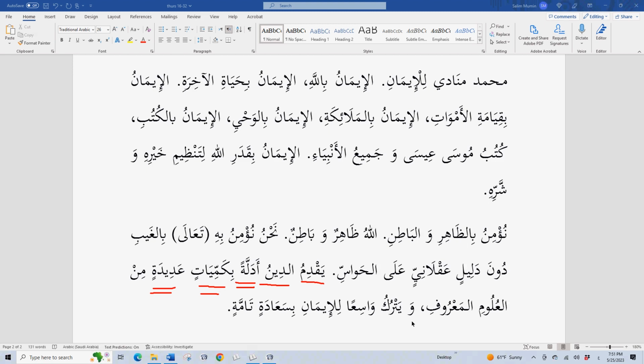Min al-ulum al-ma'ruf, from the known sciences. And this is from the logic of Imam W.D. Muhammad, not my logic. So he's saying it. From ulum al-ma'ruf, the well-known sciences we have, wa yatruk, and it omits vast, we can say vast knowledge.